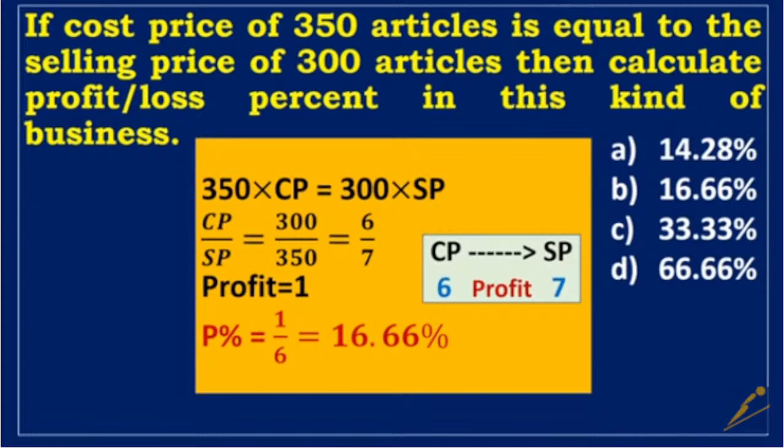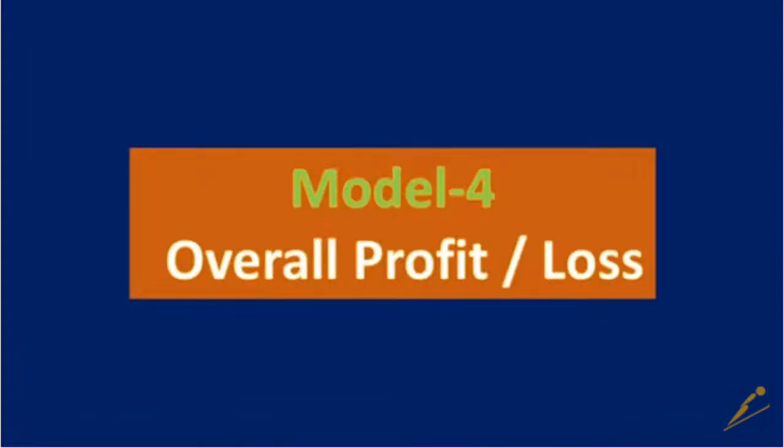The profit is equal to the difference between SP and CP, which is 1. We may determine the profit percentage using the formula, which is 1/6. When we convert the fraction into a percentage, we obtain 16.66%.